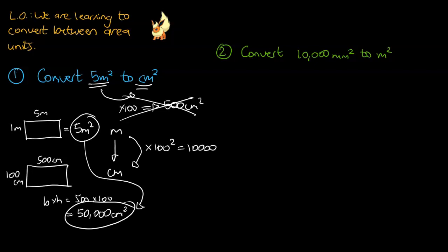So that's how we got from the 5 to the 50,000. It was the 5 times that 10,000, which gives us the 50,000. Just noting that last thing down here, that is a bit of a shortcut, and I'd much rather we think of it as shapes that we can actually convert ourselves. Okay, so there's the first one.